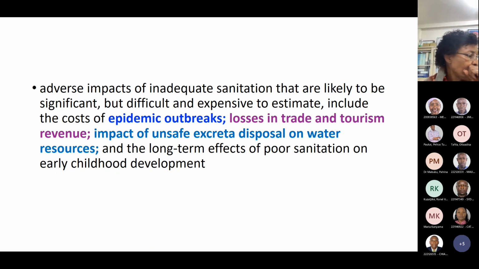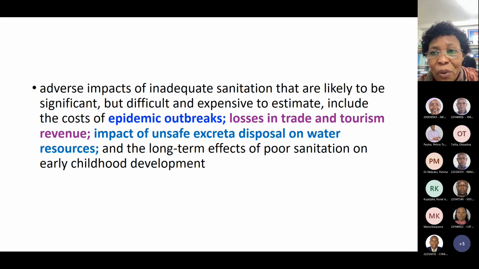These are some of the impacts of inadequate sanitation. But literature admits it's difficult and expensive to estimate.